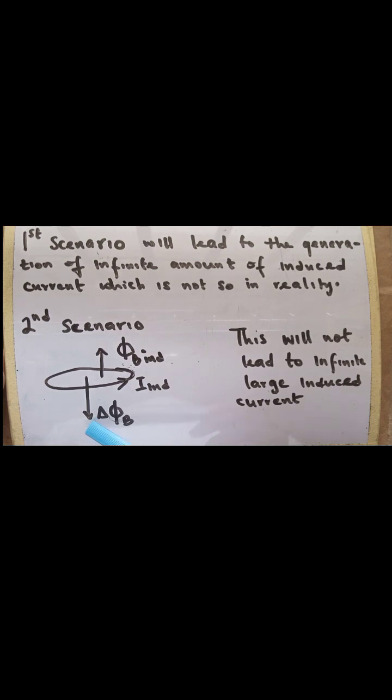So in so doing, it will prevent this one from increasing, as a result checkmating this particular value. Now, this will not lead to infinitely large induced currents, which is the normal thing you experience in a normal current carrying conductor.